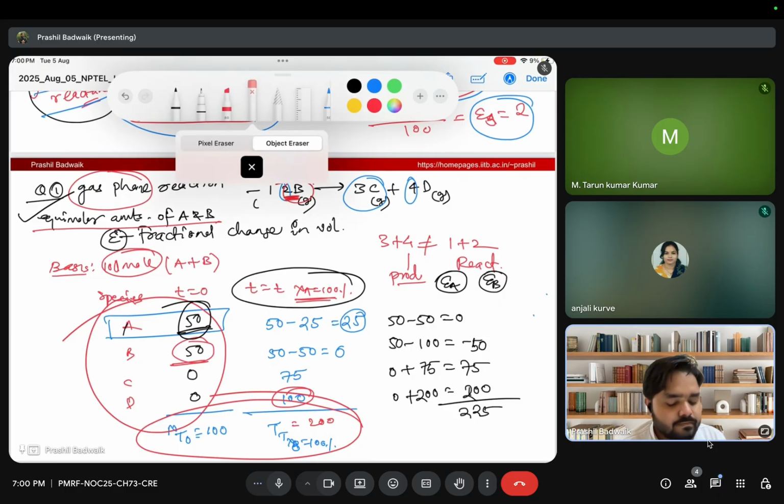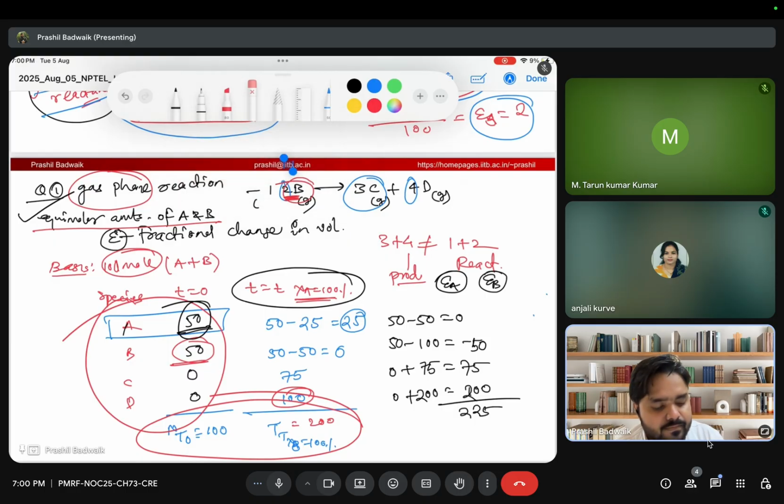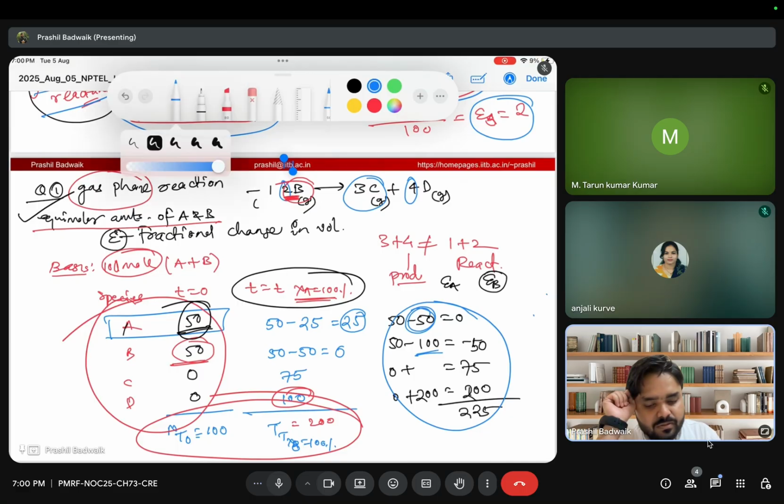There are mistakes. Can you find out what the mistakes are? We are saying 50 moles of A react, so 100 moles of B will react and C will be equal to 3 times A. So 3 times A is 50 into 3, which is 150.